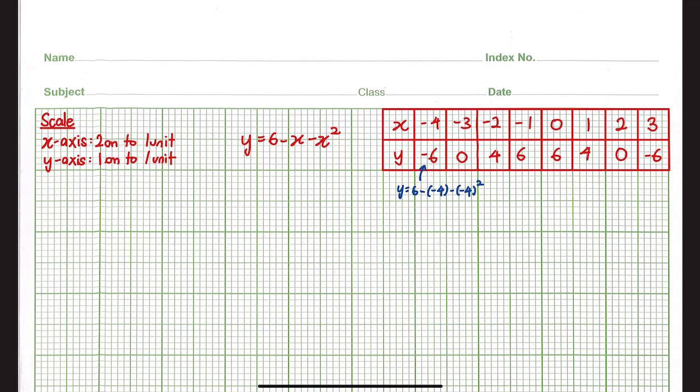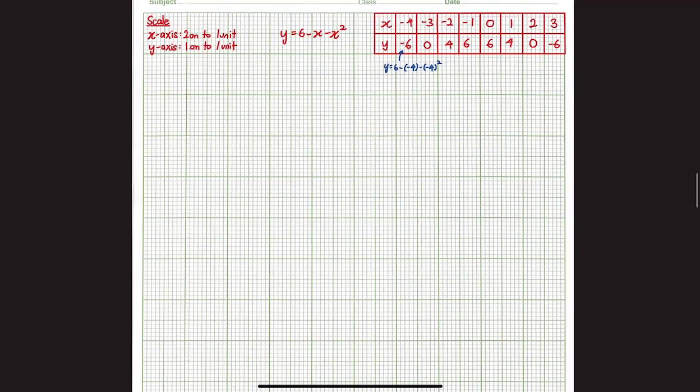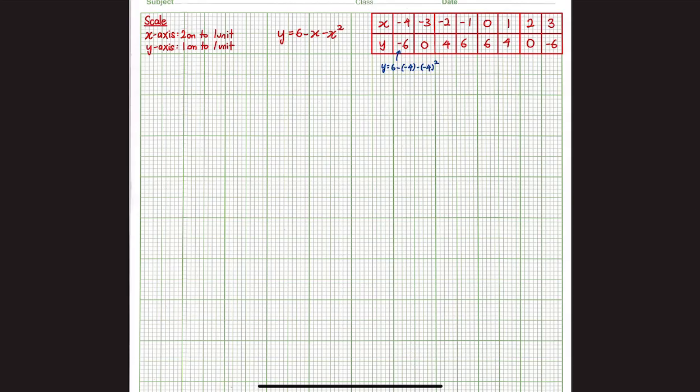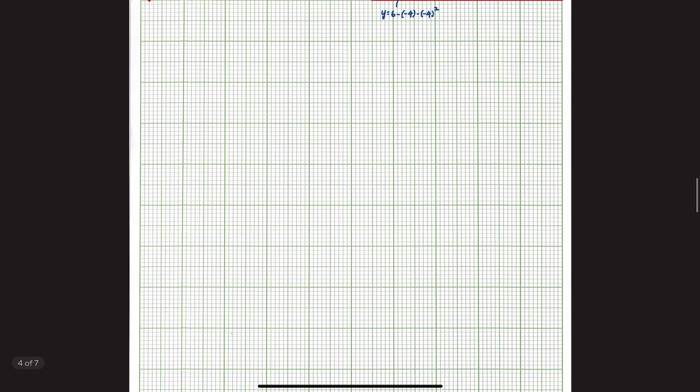If you get these values, my next step is to draw my x and y axes. If you look at this graph, I want to draw my x-axis from -4 to 3. Then my y-axis: the smallest number is -6, and the biggest number is, let's say, 6. So my y-axis should be somewhere at the center. You can follow mine.